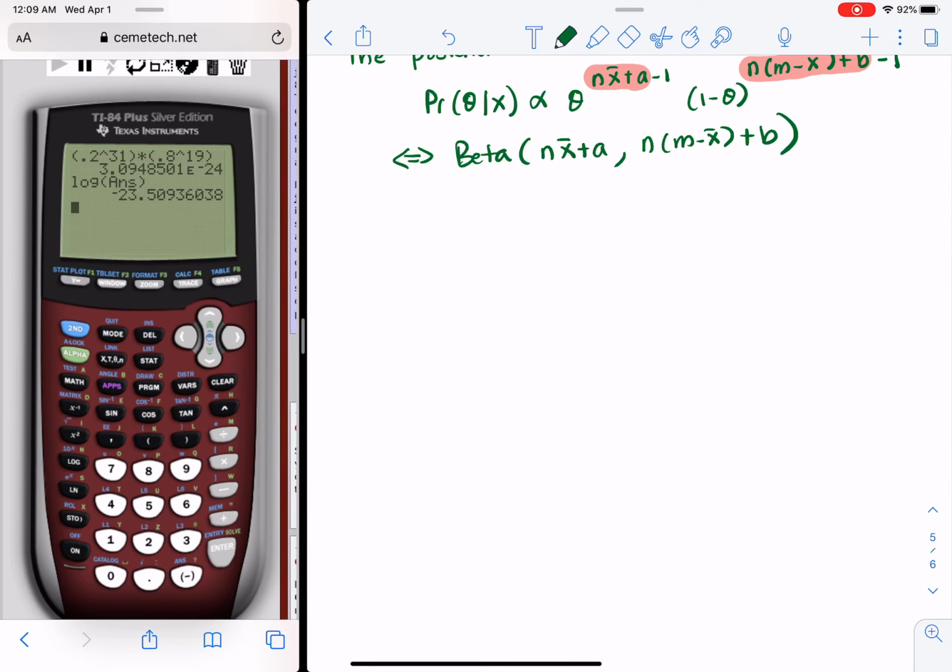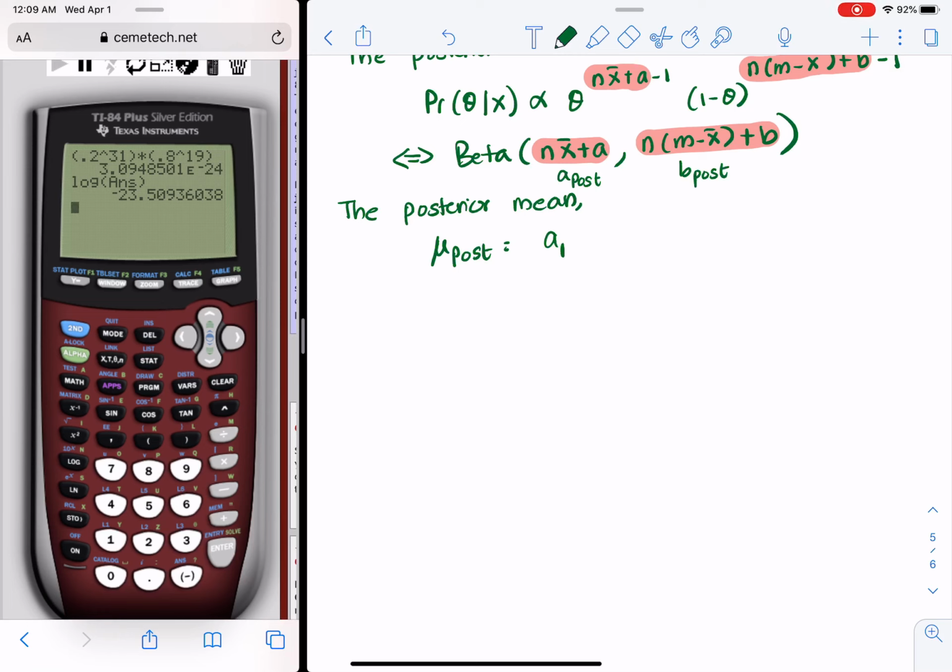And we always know that the posterior mean here is simply A over A plus B. The new value of A, I'll call it A post, and B post.